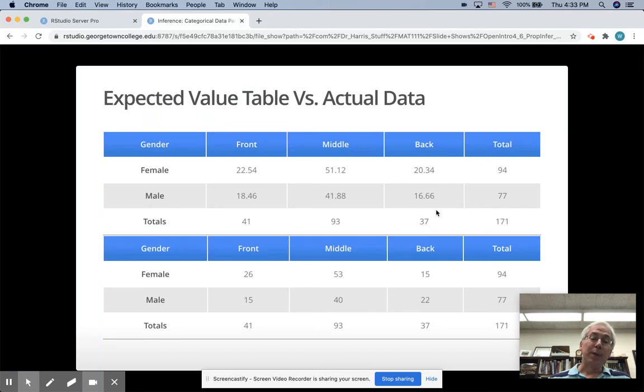And so the question becomes then, are the actual values sufficiently different from the expected values that I think there's really something non-random going on? Or is it possible that a table like this could have simply happened by random chance if there really was no relationship between gender and seat preference?